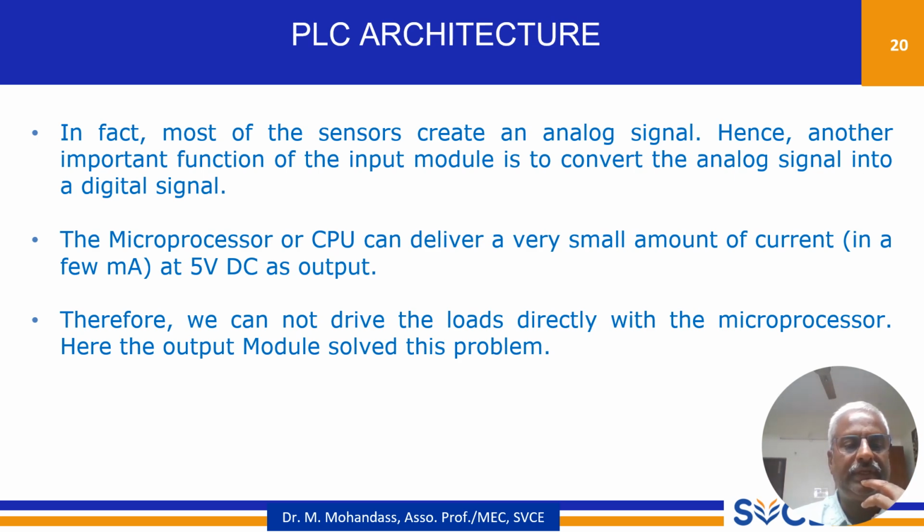Therefore we cannot drive the loads directly with the CPU of the PLC for operating the actuators in the industries. Of course, we need the output module with a digital to analog device to convert the digital value into an analog value and also to amplify it.